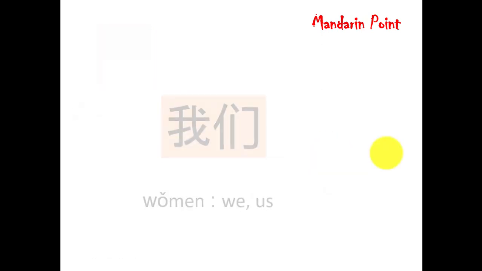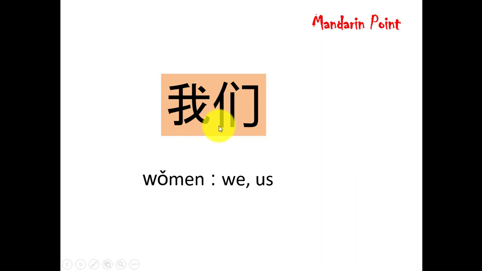The next character is 我们, meaning we or us, and it is basically composed of 我, meaning I, we just have studied 我, and 们, man. This man basically indicates the plural form of pronouns, and it is further composed of this and this. So now we can derive both of these characters from basic 6 strokes.